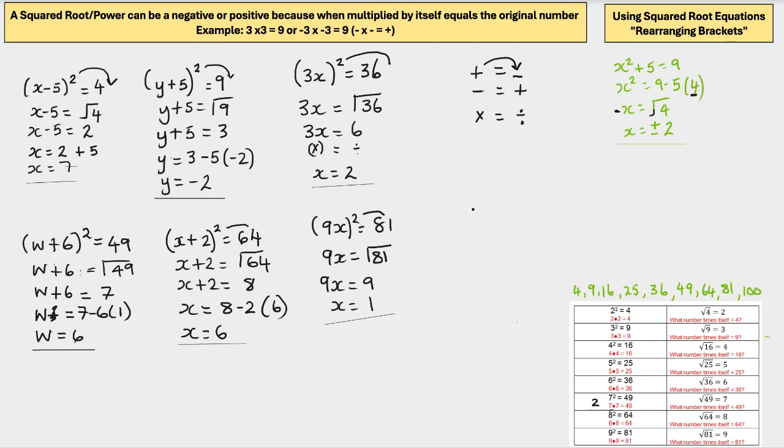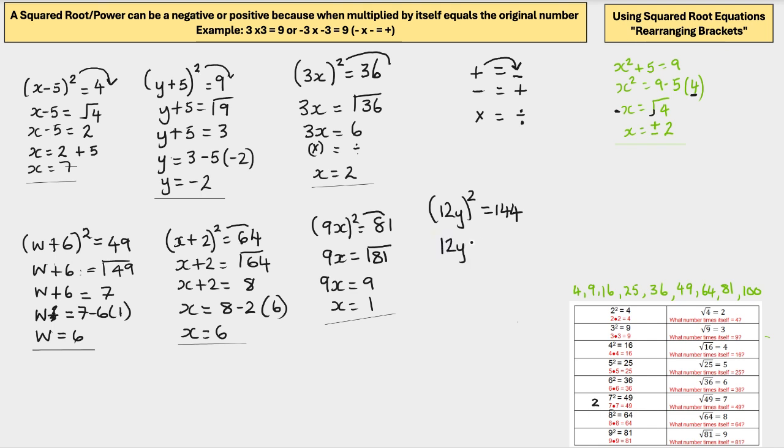I'll do one more example and then I'll leave you with a couple of questions. So let's do this one because we haven't used this square number yet. (12y) squared equals 144. That is also a common square number. It's not on here, but 144 is also a common square number. So let's do it.